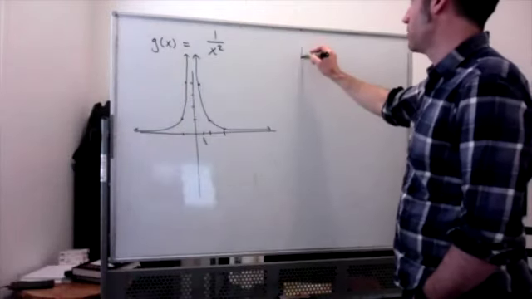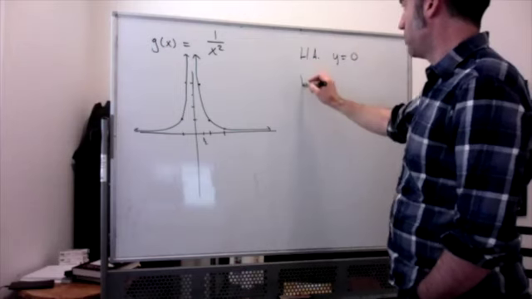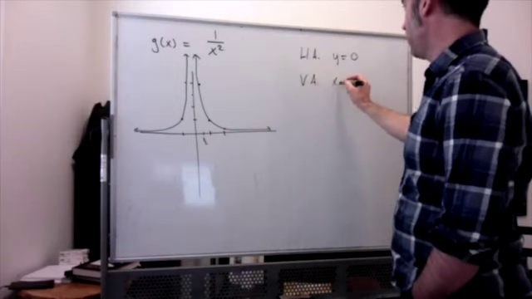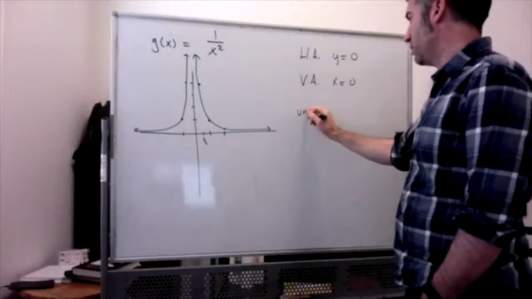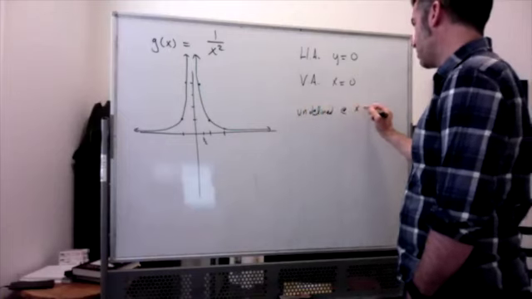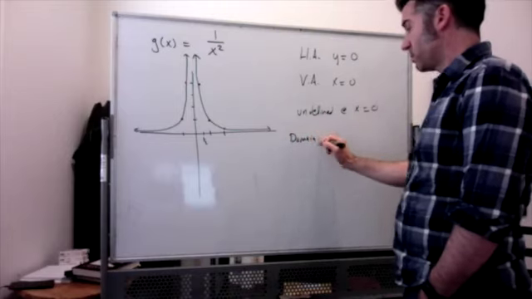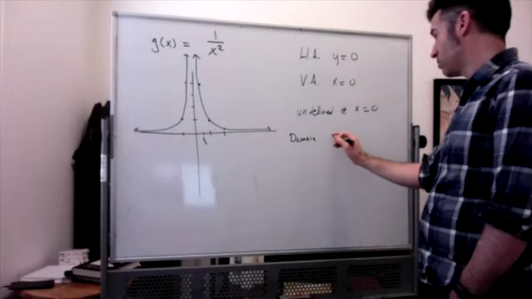So this graph also has a horizontal asymptote of y equal to 0. Also has a vertical asymptote of x equal to 0. It's undefined at x equals 0. Has a domain. It's everything except for 0.